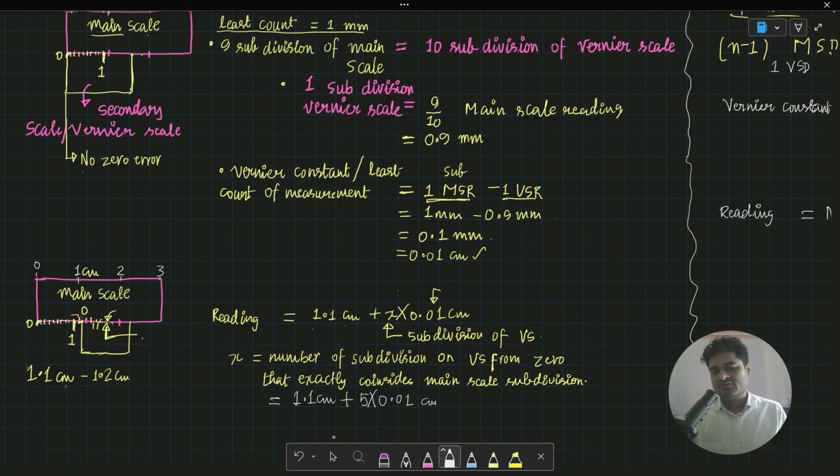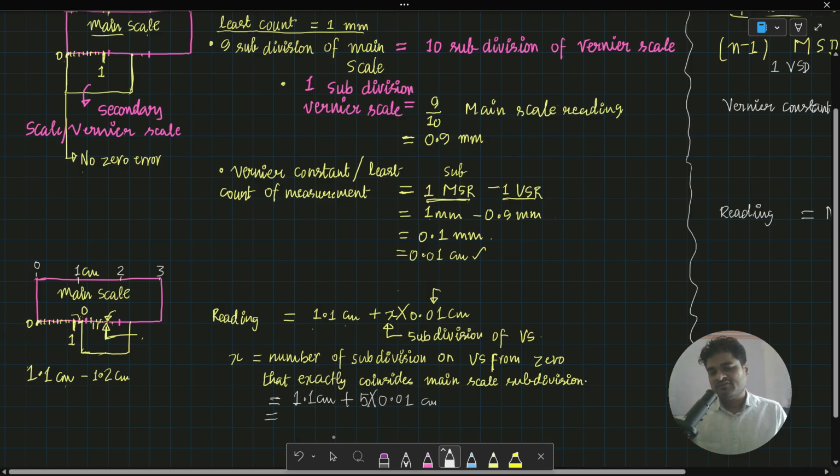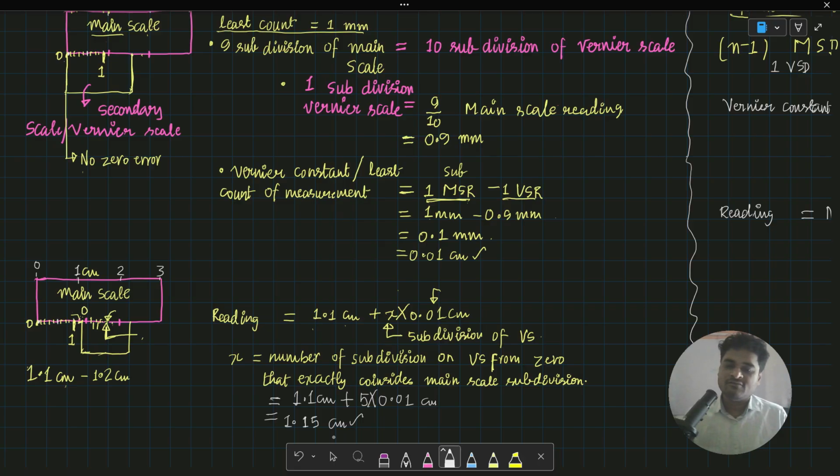From this we'll get 1.15 centimeter. So whatever we are measuring, the dimension of that quantity is 1.15 centimeter. Hopefully this is clear. If you have any doubt in this explanation, please ask.